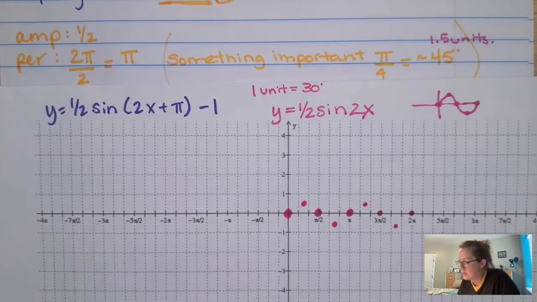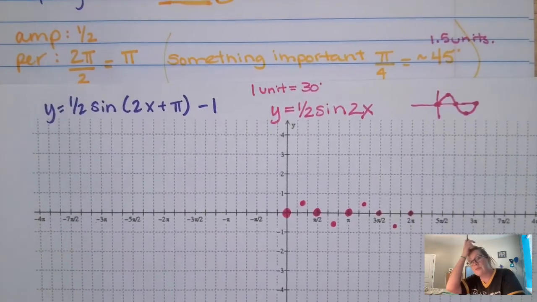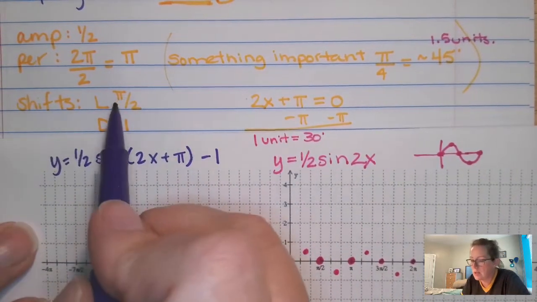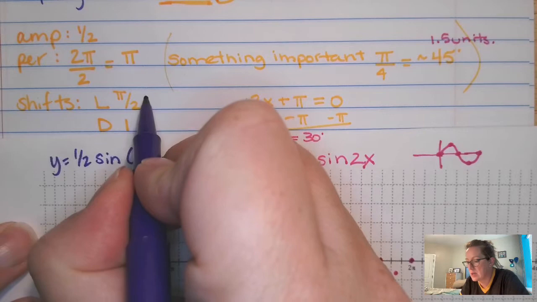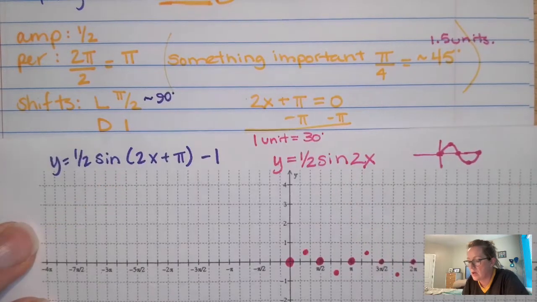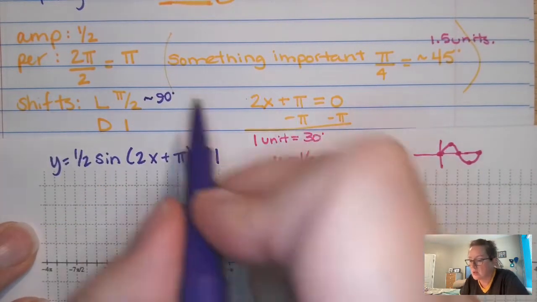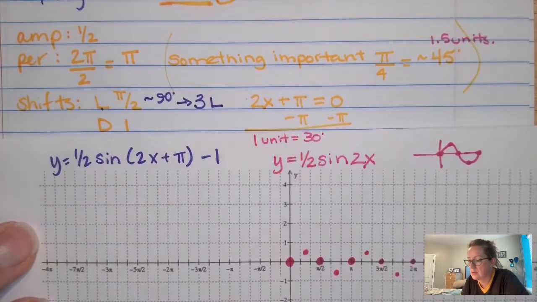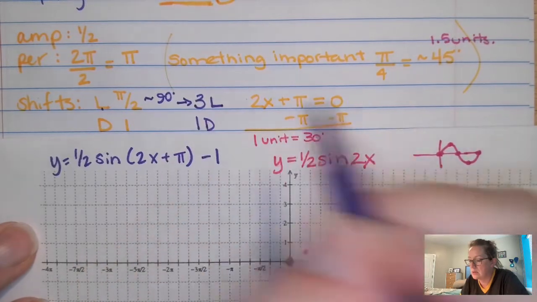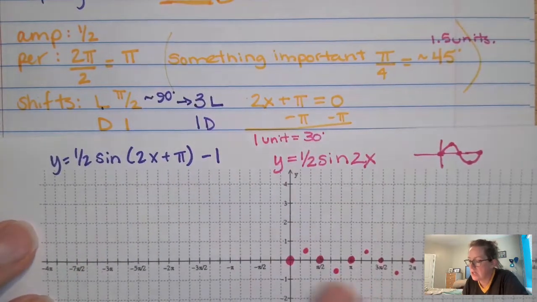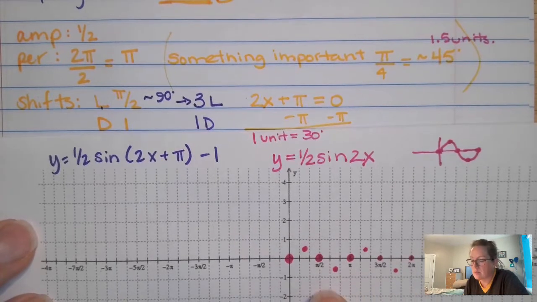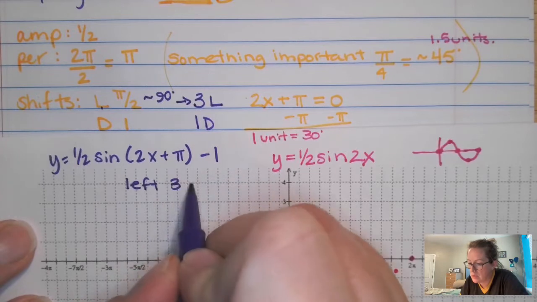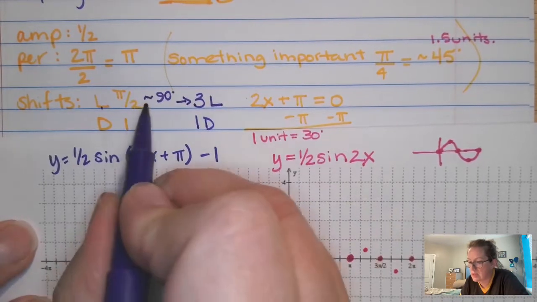Okay, so now I can add a little bit more to shift. We're taking each of these and we're going left pi over 2. Pi over 2 we said was 90 degrees, and each unit is 30, so we really need to go 3 units to the left. And we're going to go down 1 unit. Each of these dots, we're going to go left 3 units because that's equivalent to 90 degrees.